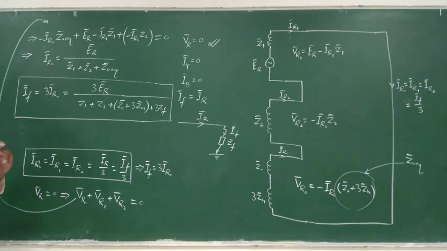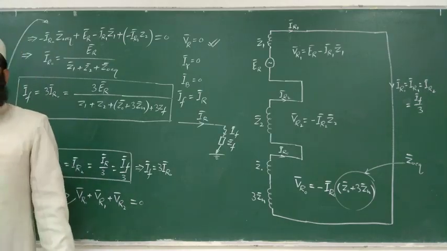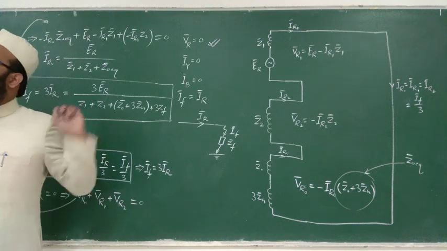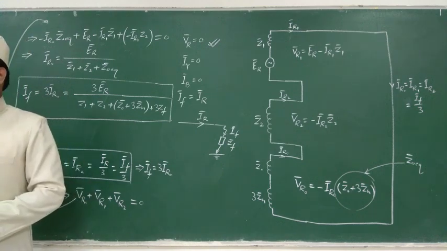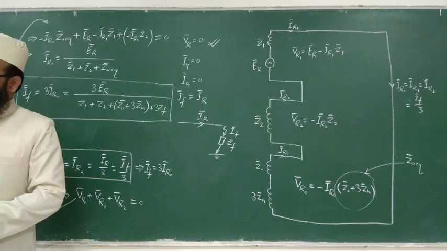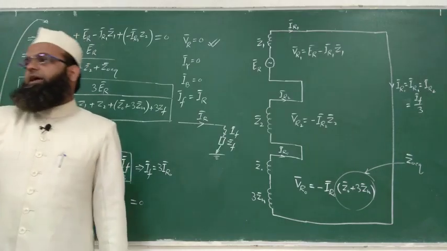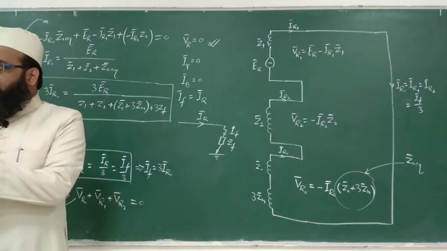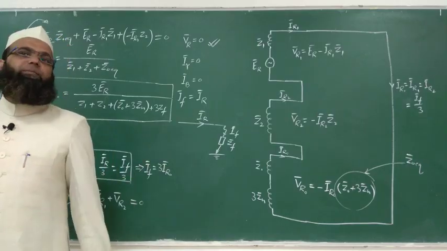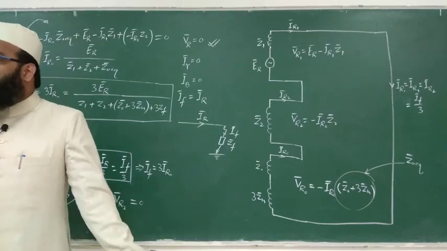So second conclusion is, if neutral is ungrounded, in that case fault current will be 0. Looking strange? Fault has happened. 3-phase system is there. LG fault has occurred. But neutral is ungrounded, no fault current will be there, that will be 0. Because fault current will not get any path.